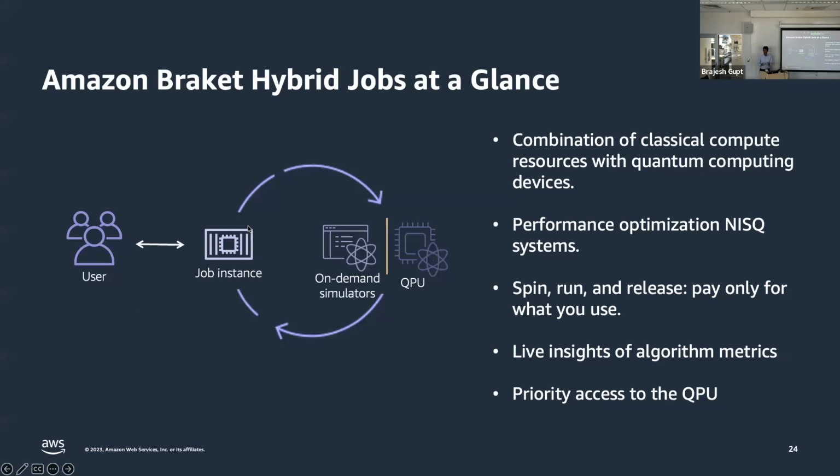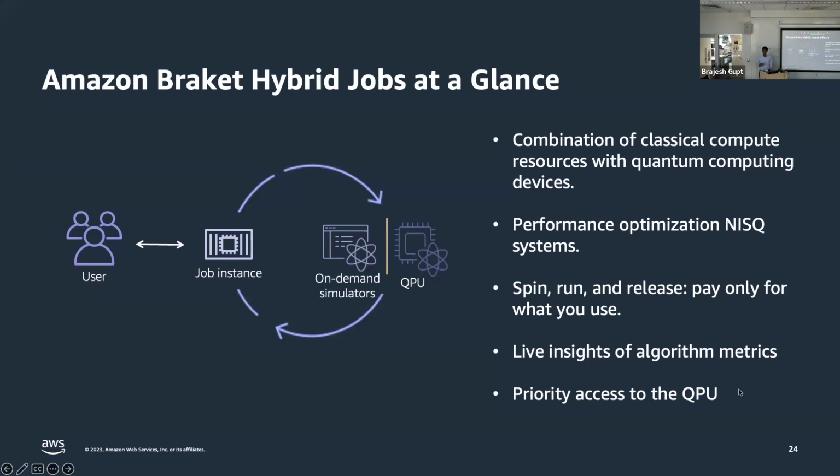A job instance is basically a shared set of tasks across on-demand simulators, QPUs, and the classical computer as well, just as I described. The idea is that using the proper division of tasks between classical and quantum computing resources, one can optimize performance on the devices, and that's what a hybrid job does for you. And then there's priority access to the QPU, right?